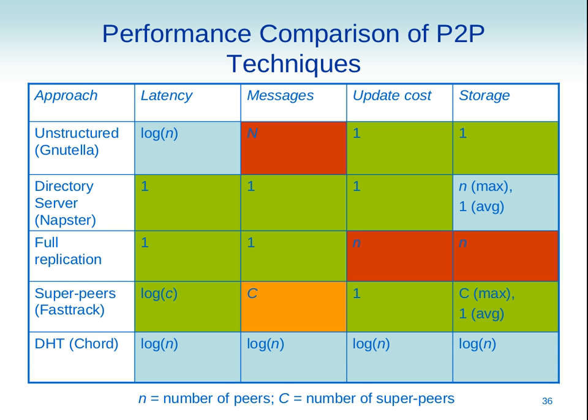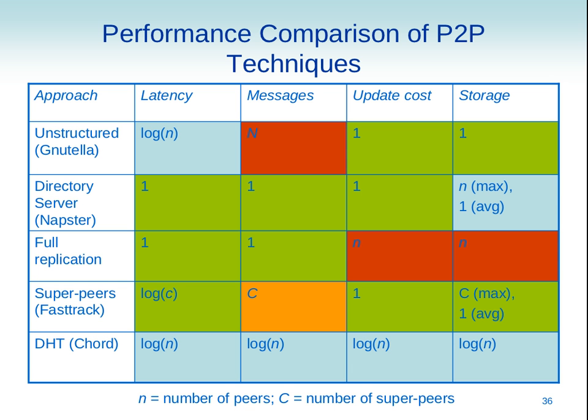Let's look at another one that may be a little bit easier to understand. The number of messages that are sent. When we send using Gnutella, we send a lot of messages because we broadcast. This is N up here. The more nodes in the network, the more messages we send.